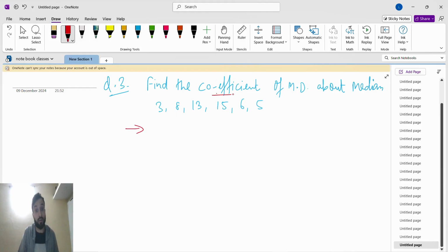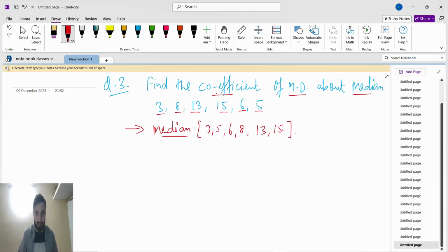So they say to find the coefficient of mean deviation about median. So first of all, we have to find the median. So median we know, guys, we have to arrange in ascending order: 3, 5, then 6, then 8, 13, 15.